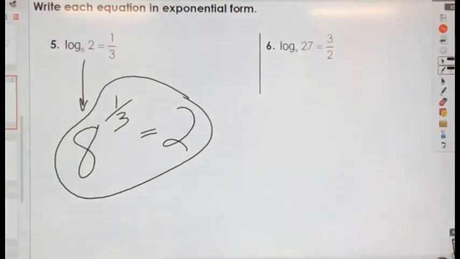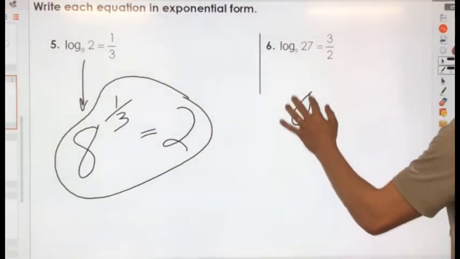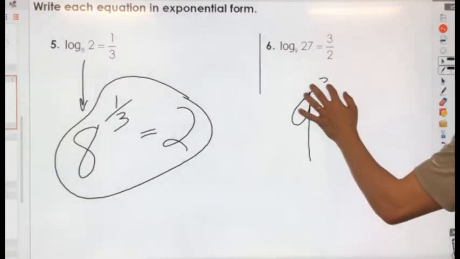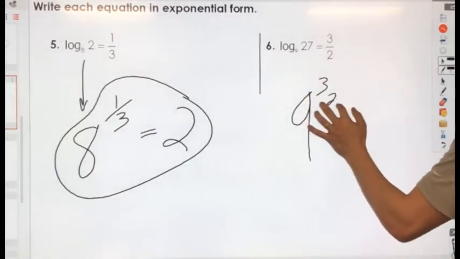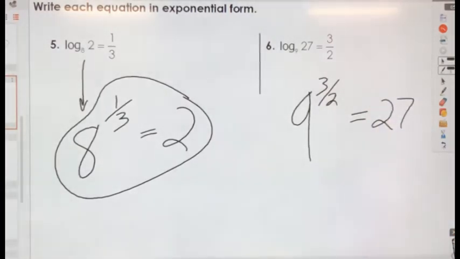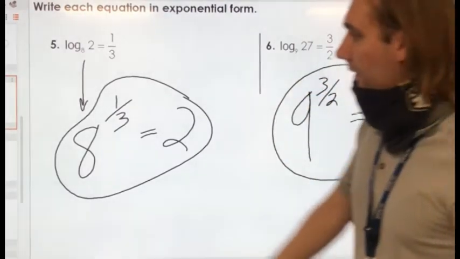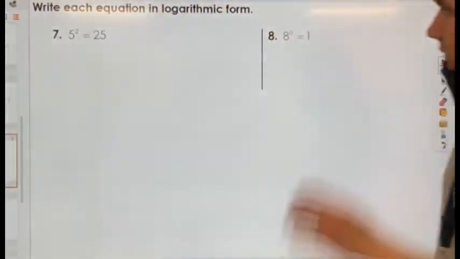There's my exponent form. Number 6. What's my base? 9 raised to the power of 3 over 2 equals 27. Very good. There's my exponential form.